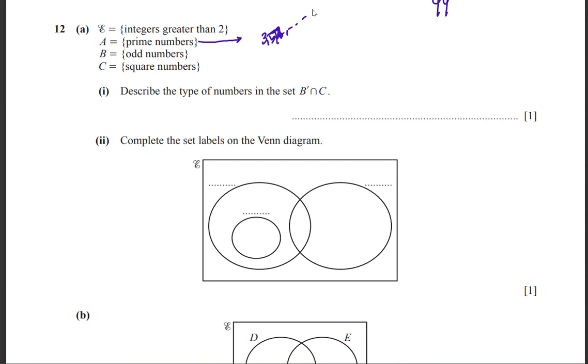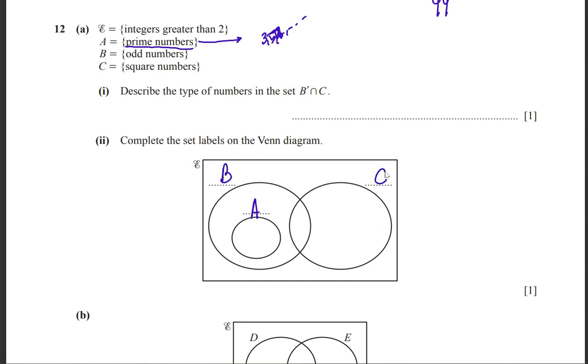Because I have excluded 2 from my question, the prime numbers in my question are all odd numbers. So all the prime numbers are odd numbers, but not all odd numbers are prime numbers. That means the prime numbers are inside the odd numbers.